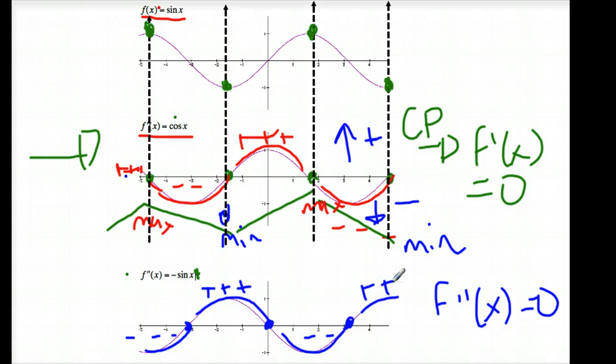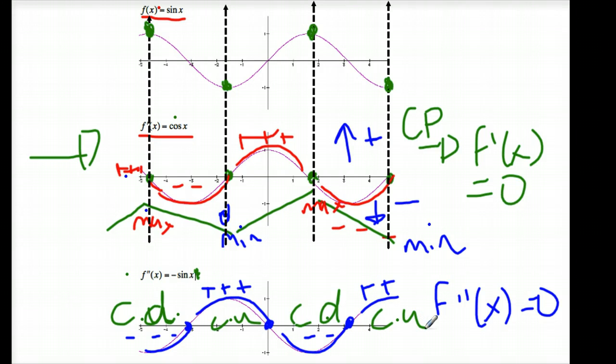Well, I can't use the terms increasing and decreasing anymore because I've done that for the first derivative. The second derivative, on the other hand, deals with concavity. So anytime it's negative, I'm concave down in this section. Anytime it's positive, I'm concave up in this section.